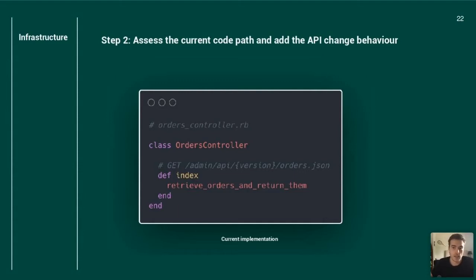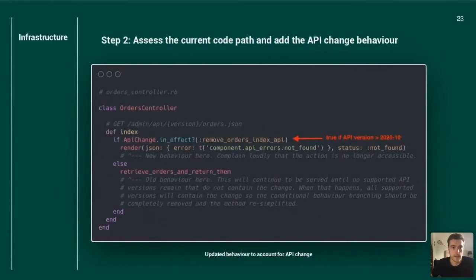So first, let's take a look at the code currently. Here in the example, you can see that we just find the orders and return them. Since our API change removes that route completely, we need to return a not found error if the API change is in effect. In this case, that would be true for any request made to an API version greater than or equal to 2020-10.